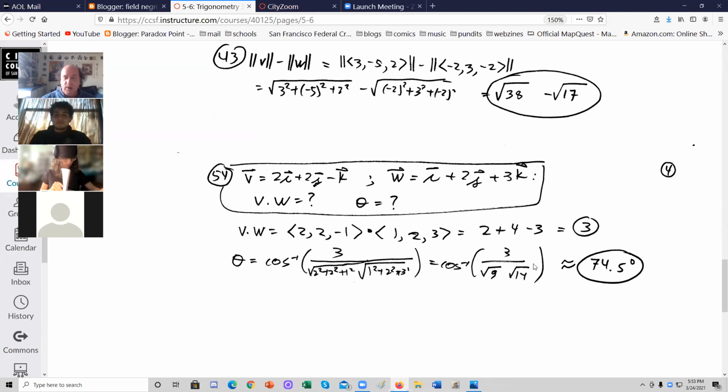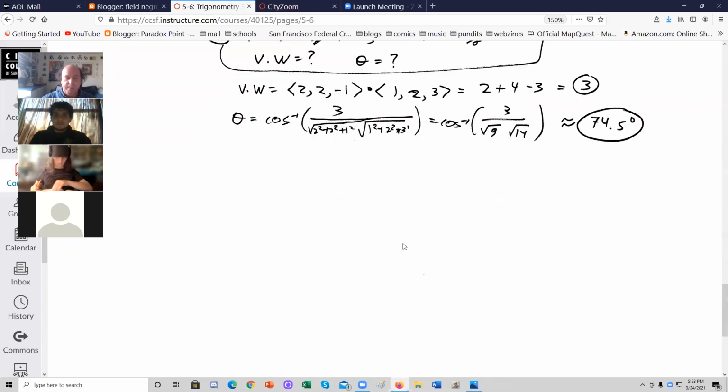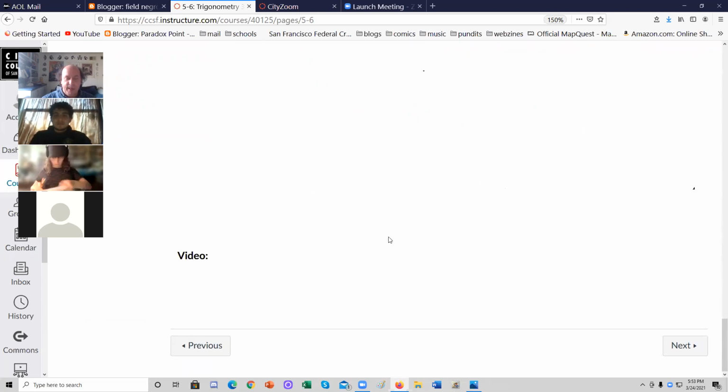So the angle is arc cosine of 3 over (3 times root 14), and plugging it into a calculator, you get about 74.5 degrees. So that's the angle between these two vectors.